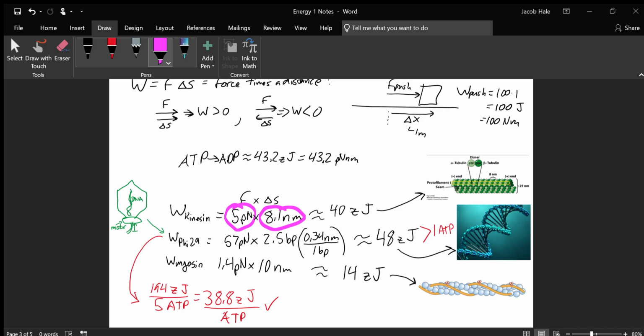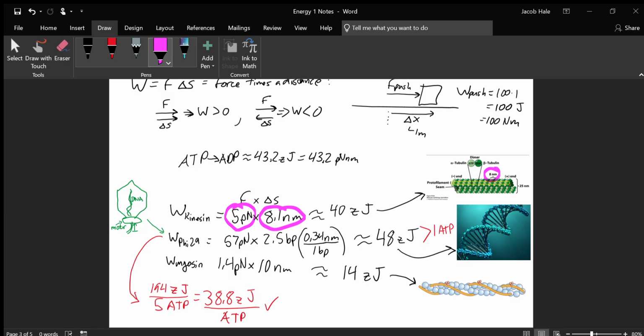That step comes from its highway, what it can step on. It steps on microtubules, and it goes between every same type of molecule called tubulin. Those distances are very fixed, so its distance is very fixed. The force it applies depends on environmental conditions.